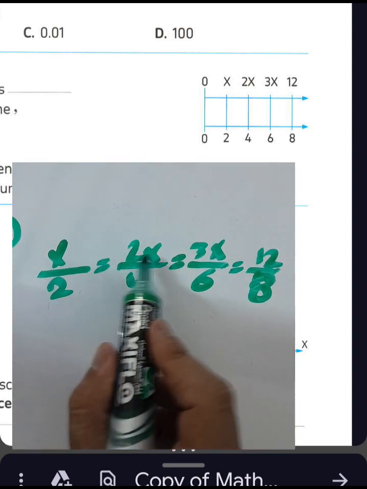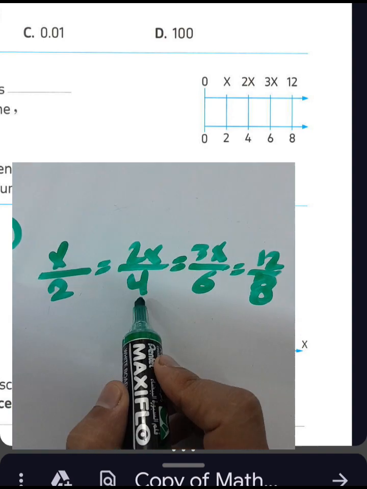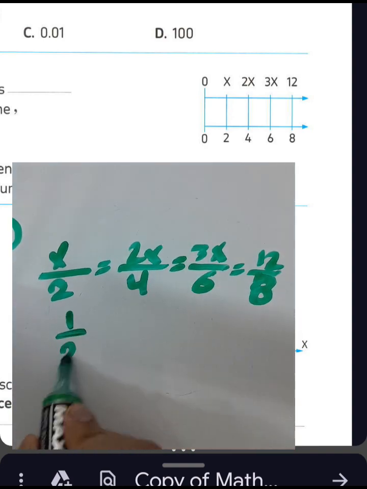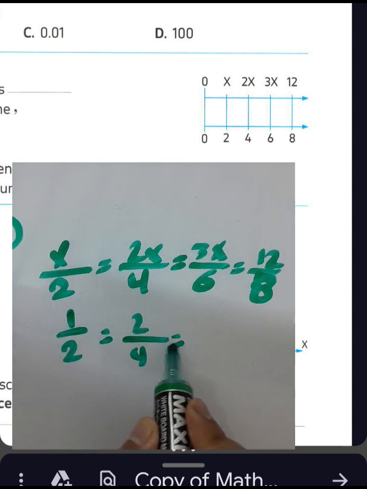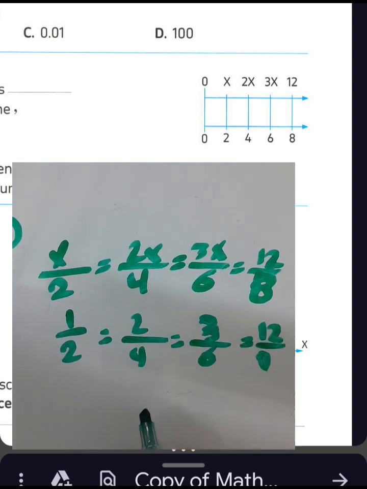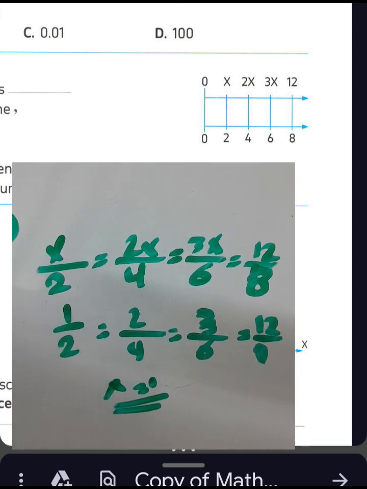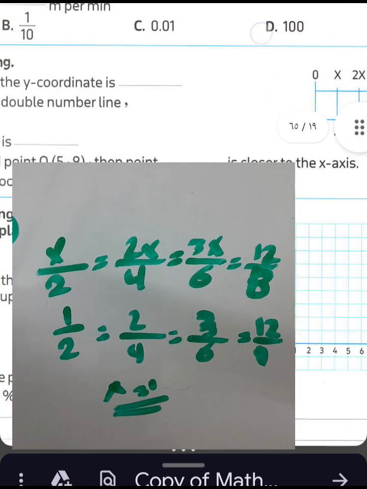Then we can find the value of x here. It will be 1 over 2. 1 times 2 equal 2, 2 over 4, 3 over 6. Then 1 over 2 equal 2 over 4 equal 3 over 6 equal 12 over 8. Then the value of x here will be 1. Okay, he wants to find what?